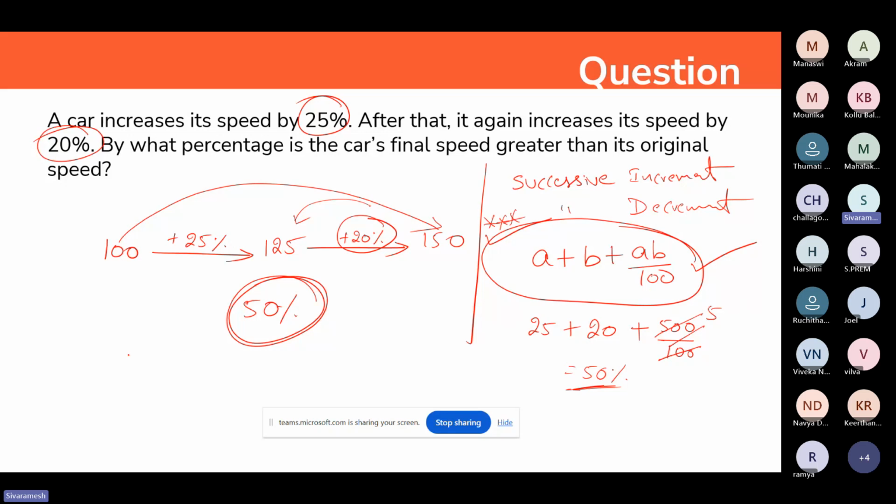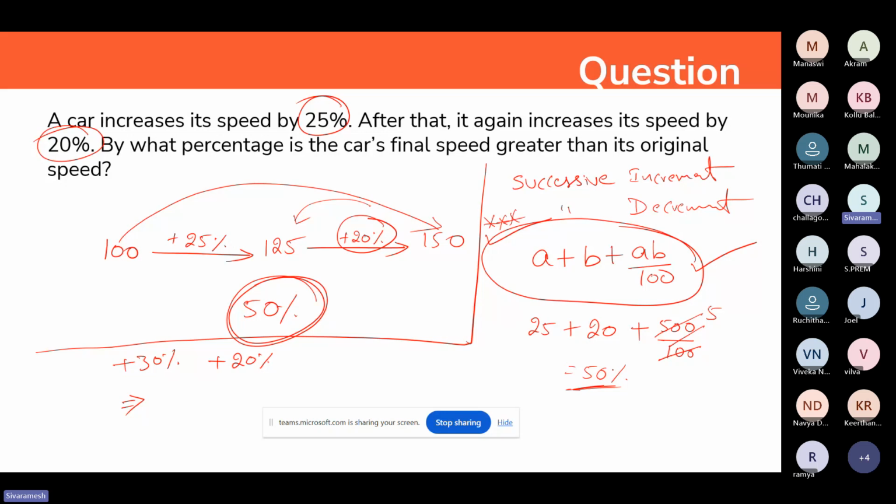Now I'll ask you one question based on this. You should tell the answer by using this a plus b plus ab by 100. Initially we don't know the car speed. First a person increases his car speed by 30%. Again he increases the car speed by 20%. Can you tell me the overall change by applying this shortcut formula?